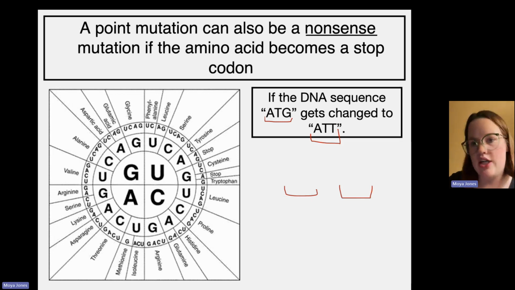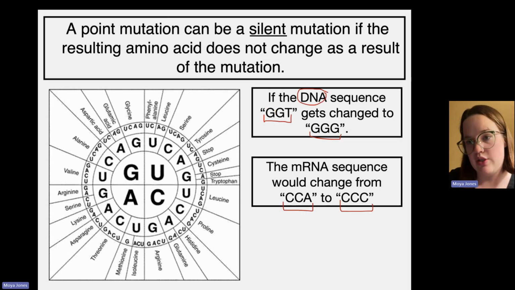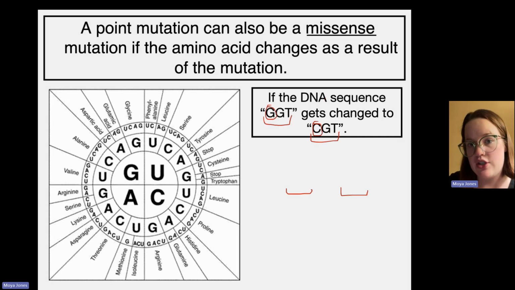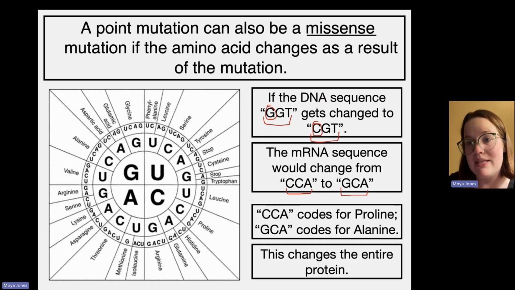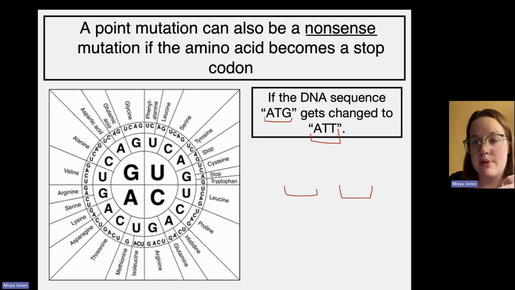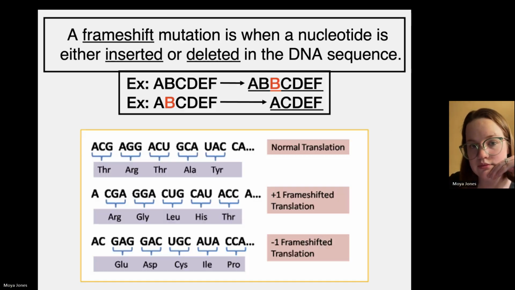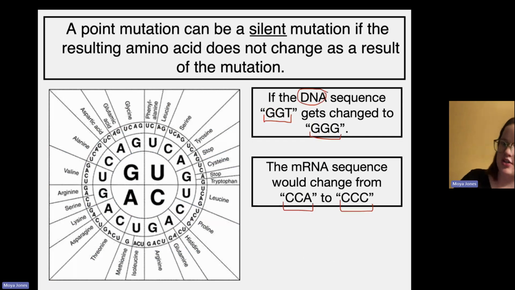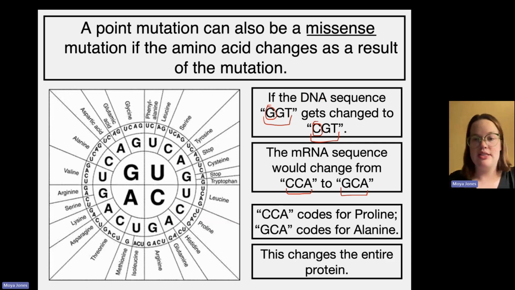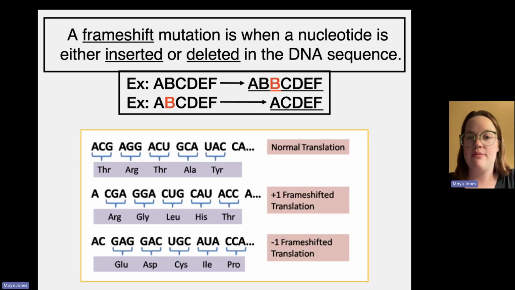So if it doesn't change the amino acid, it is a silent mutation. If it changes the amino acid to something else, it's missense. And if it causes the protein to stop early, it's nonsense. Those are all point mutations. There's another big category of mutations, and those are called frame shift mutations.